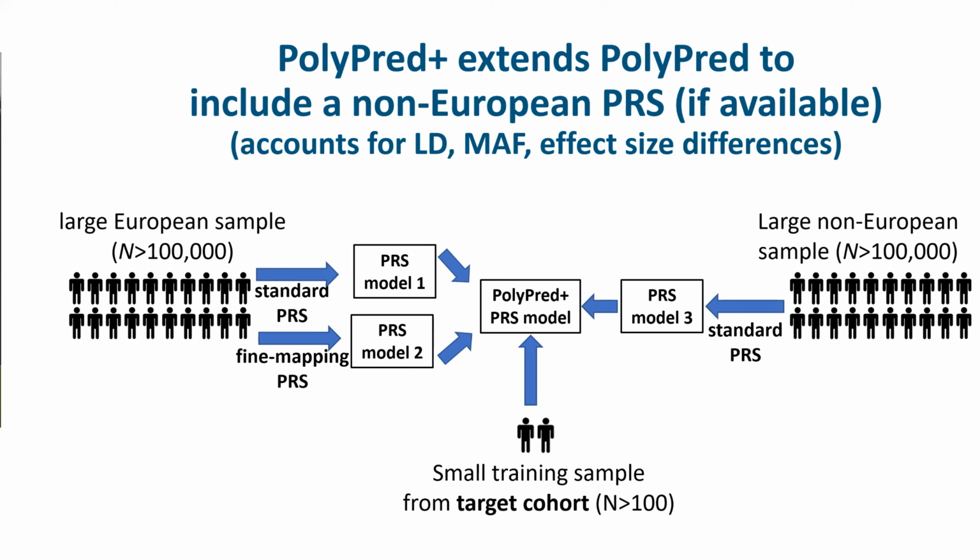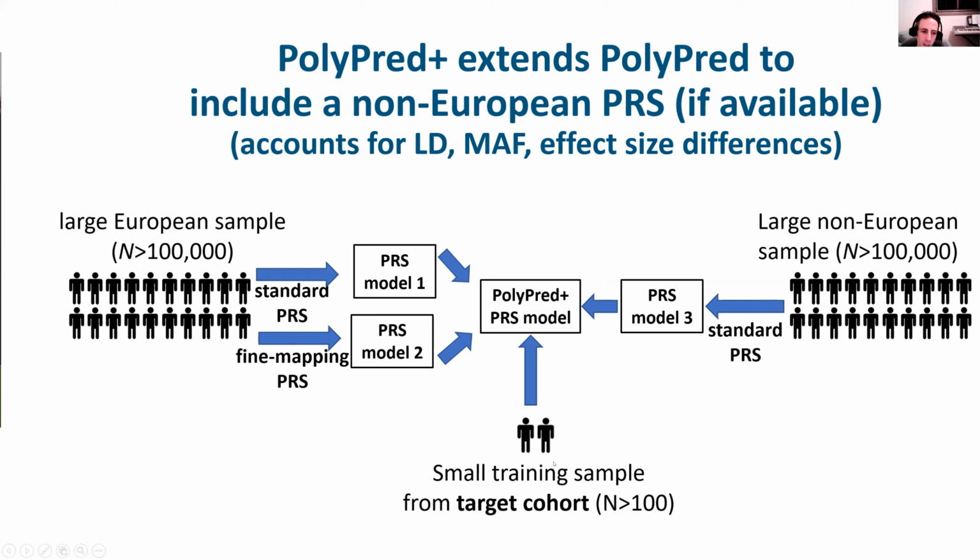All right. Let's start with the first question. Why only a standard PRS here and not also a fine-mapping PRS? That's a great question. We could have applied a fine-mapping PRS. It would be a major effort, because this was a major effort, so it would be another major effort. And we hypothesized that the gains would be negligible. The reason is that this other sample should ideally be from a population that is pretty close to the target cohort.